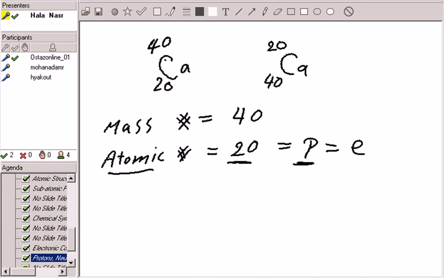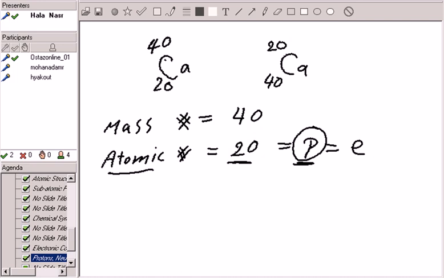However, I would never prefer to say it's also the electrons, because sometimes, you'll understand this later, when an atom does a reaction, the number of electrons changes. So please, whenever I ask about the atomic number, you say it's the number of protons found in the atom.